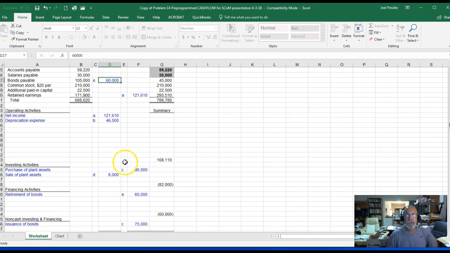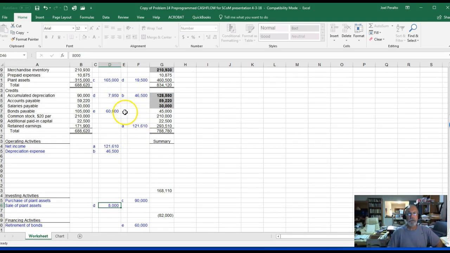Let's see in E. Let's take a look at D. In D, we had a credit of 19.5 and a debit of 79.50. Is that correct? I think I missed the gain or loss on this sale of assets.